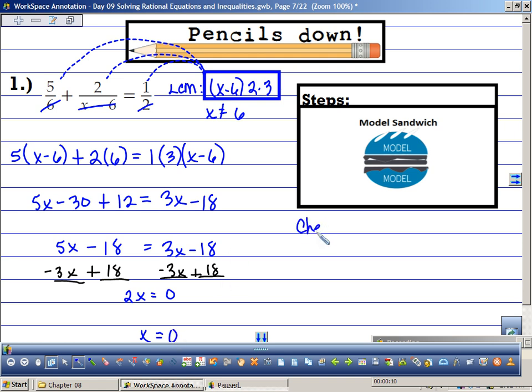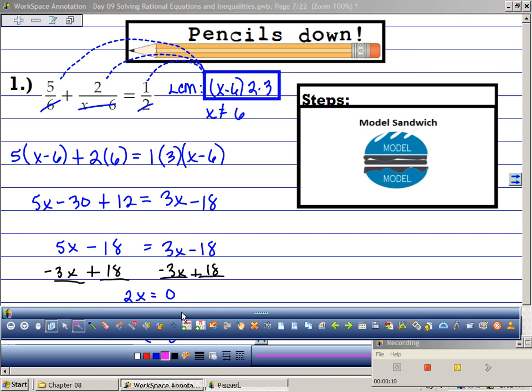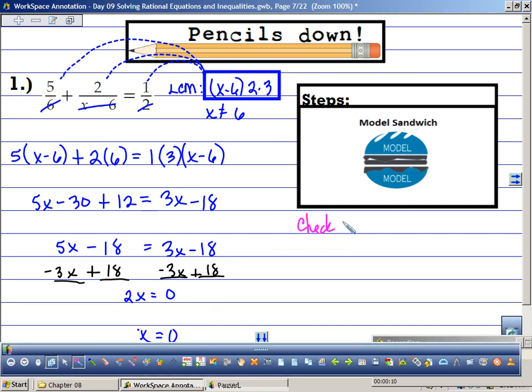I need to check it. I'm going to check it in a different color. Check.